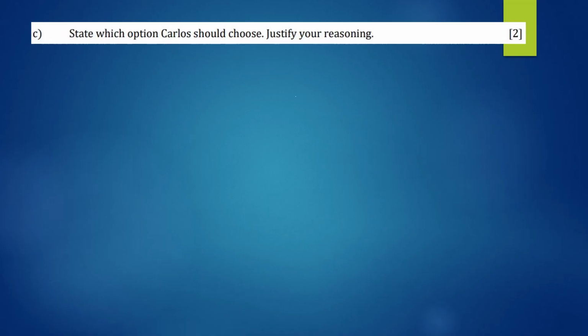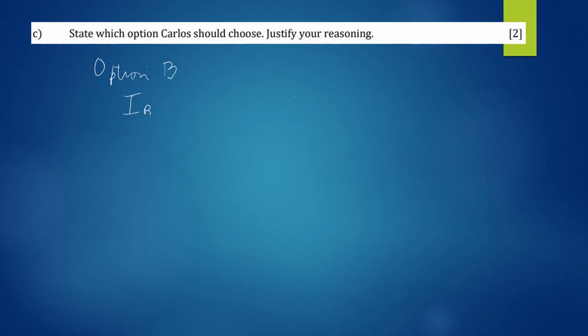Which option is better? Justify. So if Carlos has money for the 10% down payment, option B is better. For what reason?